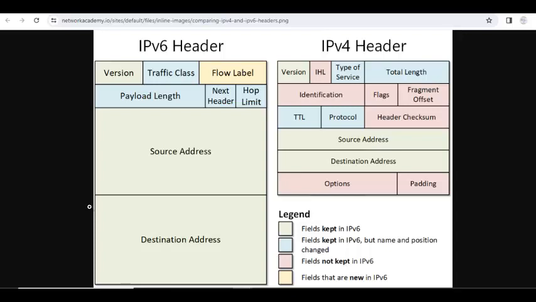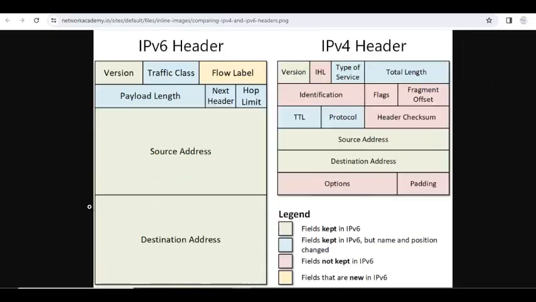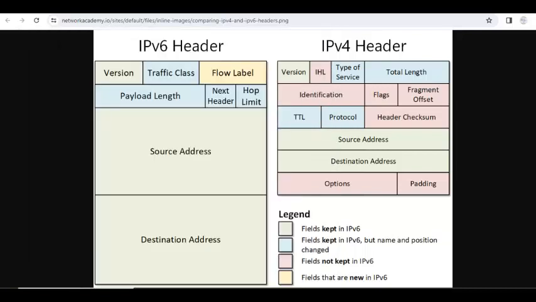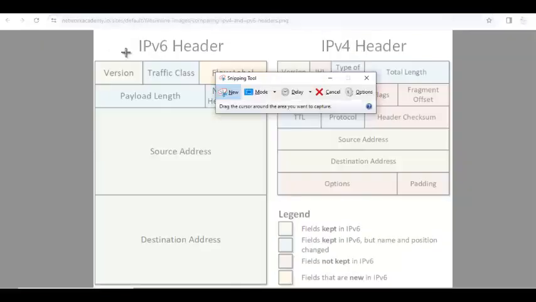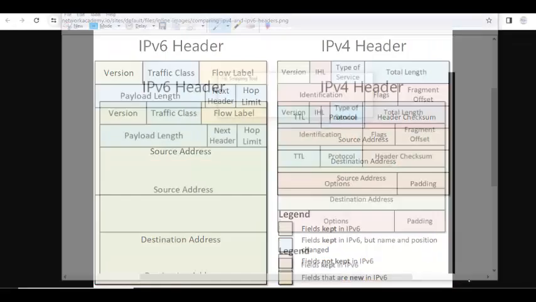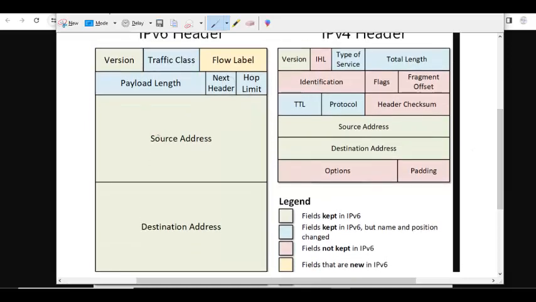The picture looks bigger here because the source field is big. Don't compare like that. Actually, the IPv6 header is a simplified, smaller header.